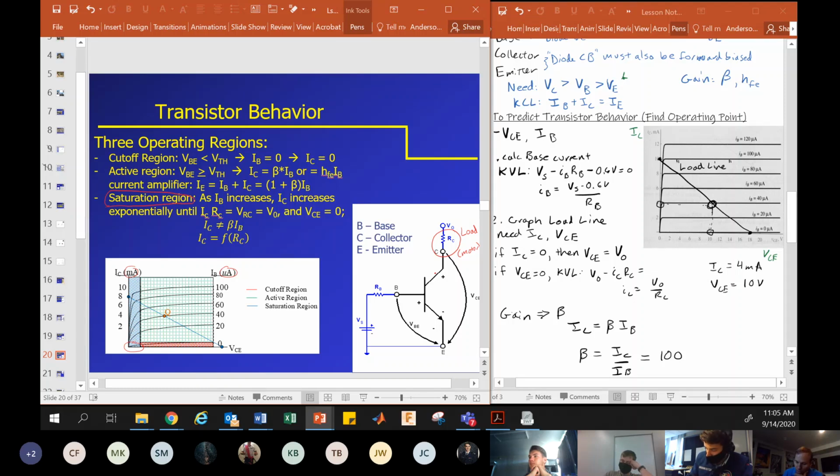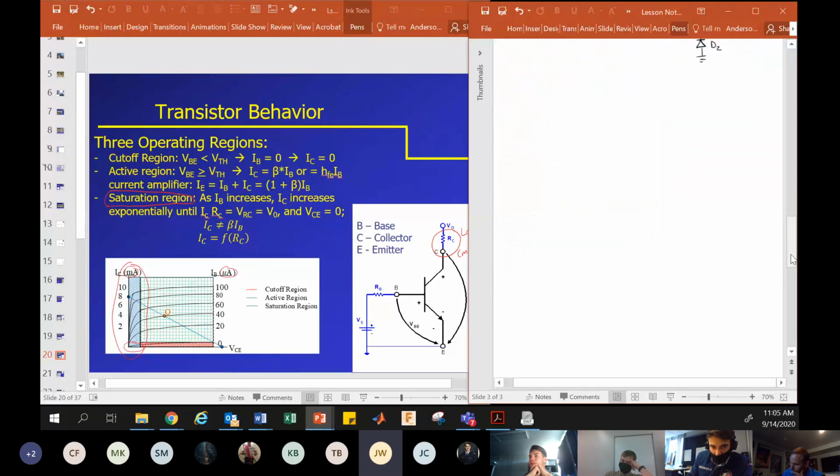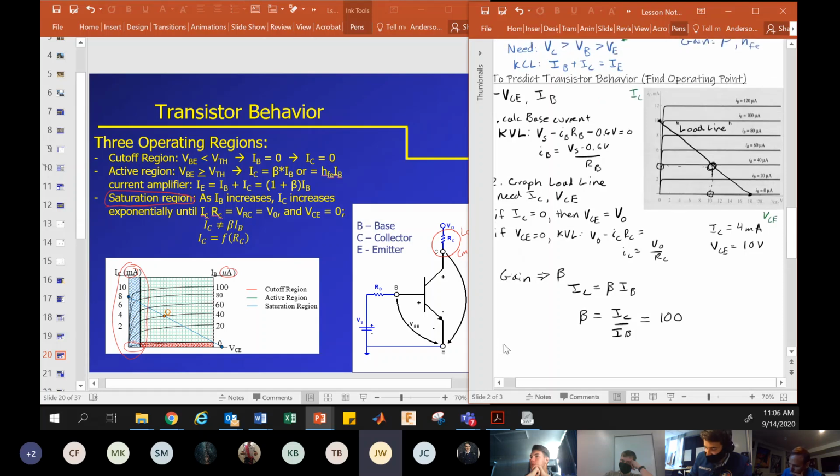So we're going to learn to design these to be in that saturation region. We will design our circuits so the BJT is saturated.